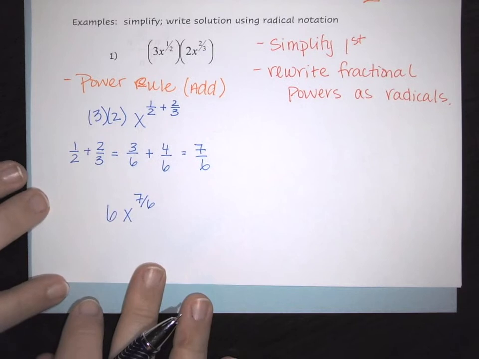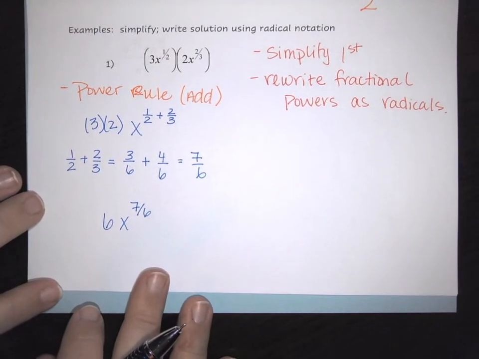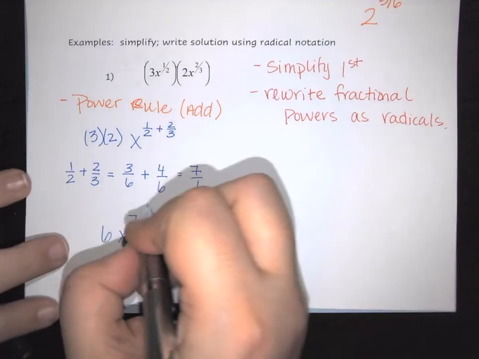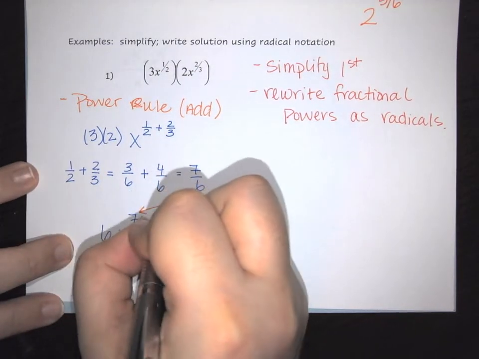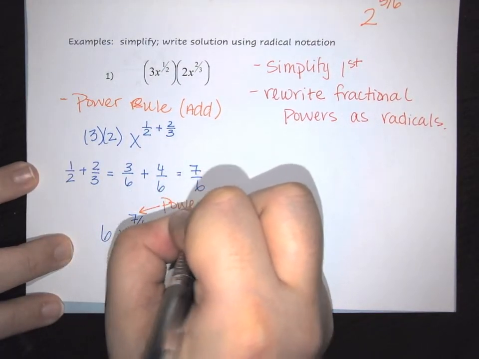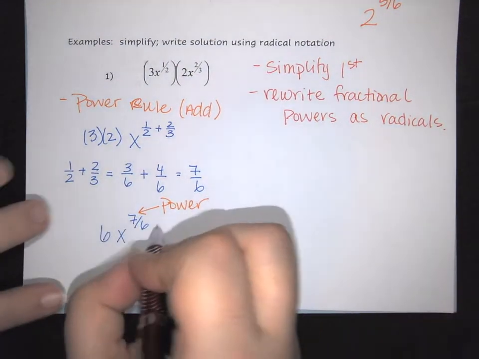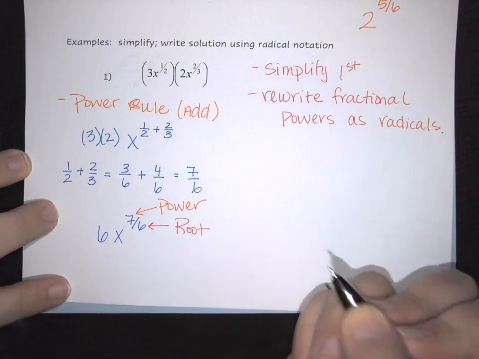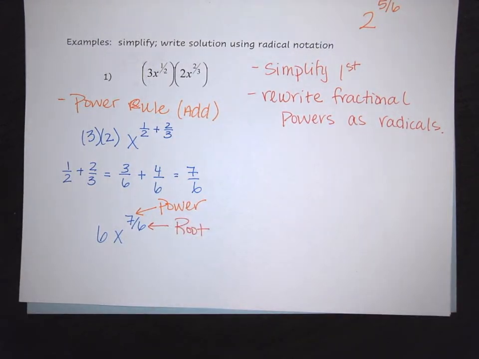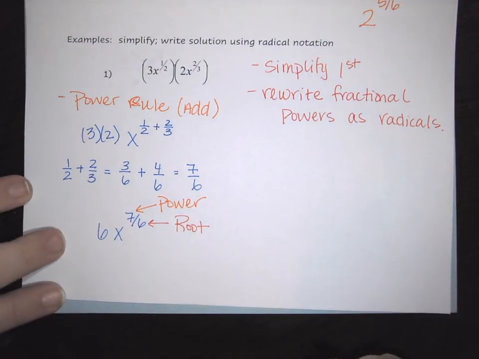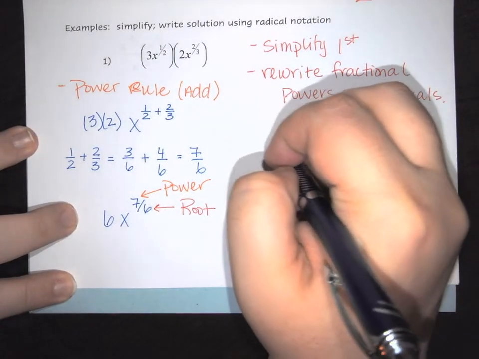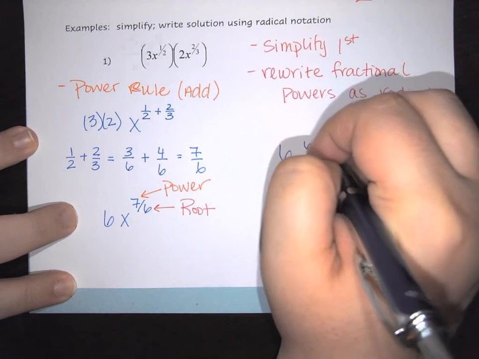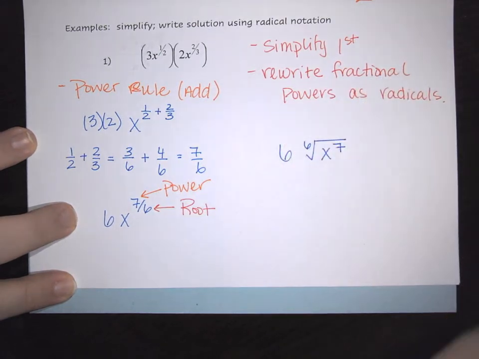Now I have to rewrite in terms of my radical. Okay, so here again it's about identifying. My top one right here is going to be my power. The bottom one right here is going to be the root. So what we actually end up getting is 6, and then I have the 6th root of x to the 7th.